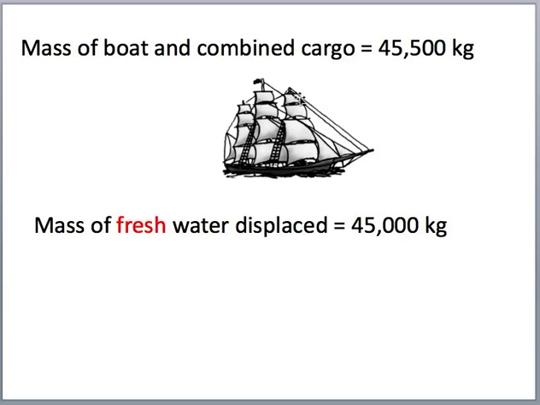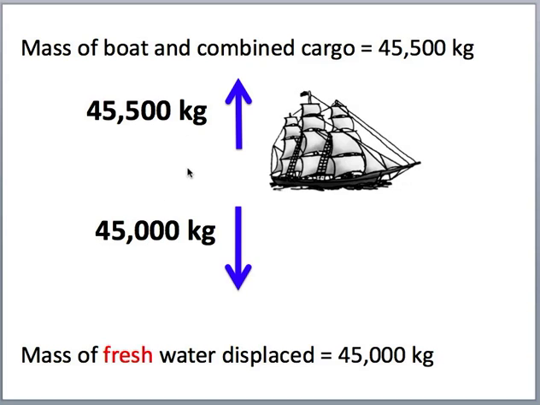And if we look at our little pictures now, the combined cargo and mass in this ship here is 4,500, and the force pushing up is only 45,000. Not a good thing if you're the boat, because this boat would be sinking. It would crash down. And do I have this backwards? Yes, I do, don't I?